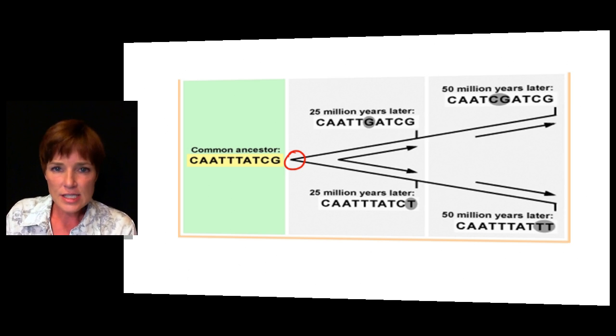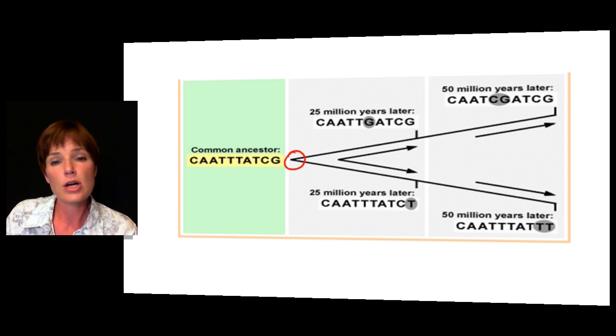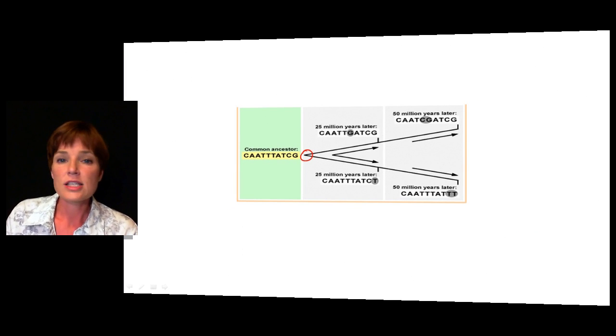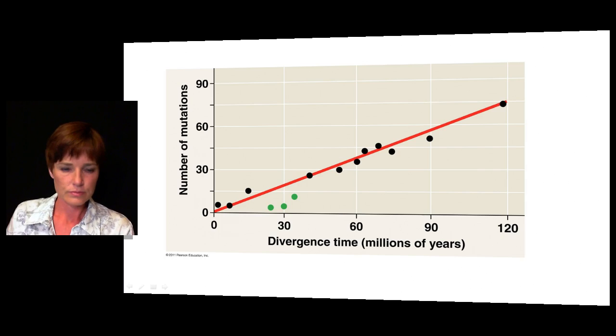So if we look at a sequence and we see that we have one nucleotide that has changed, we can assume that it has been approximately 25 million years. If we look at a sequence and we see two nucleotides have changed, then we can make the assumption that it's double that. So we can say 50 million years have passed. So in this way, we can get a rough idea of geological time with these sequence changes.